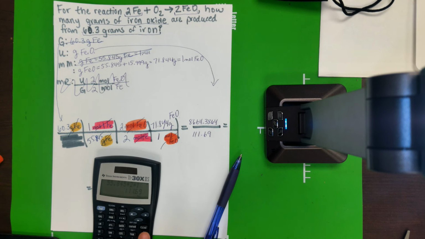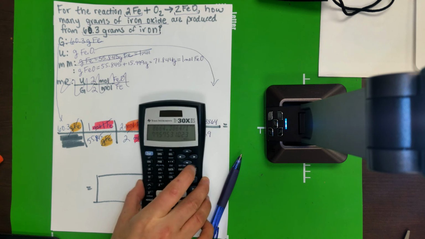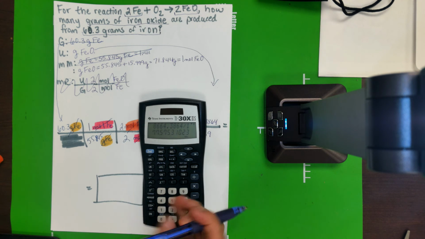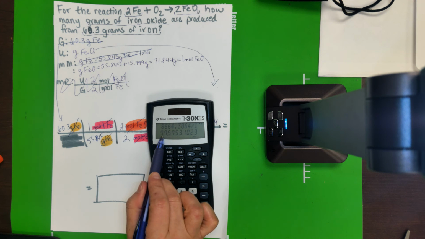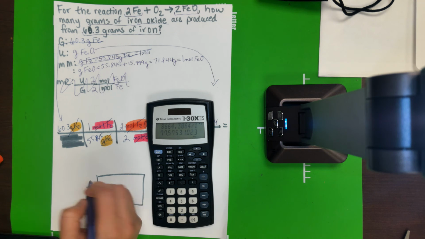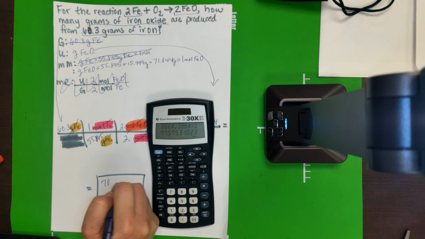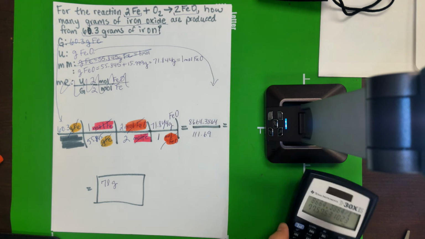Okay, so let's go ahead and now divide it. 8664.3864 divided by 111.69 equals 77.57. So what I'm going to do is just round it. I'm just going to put 78. So it will be 78 grams, right?